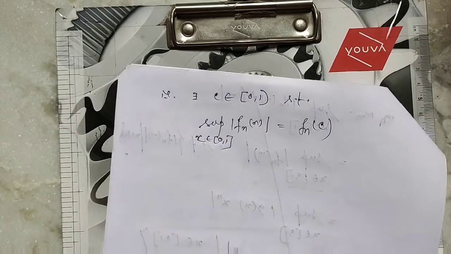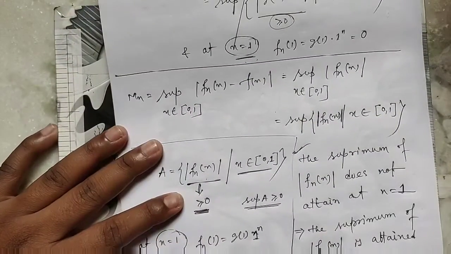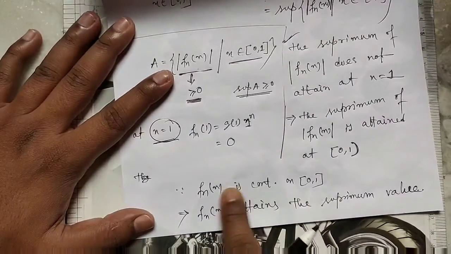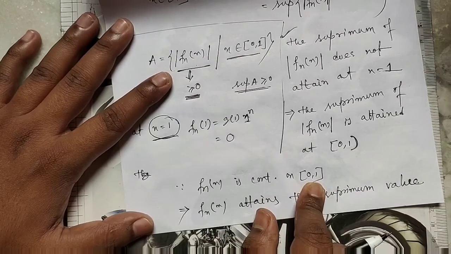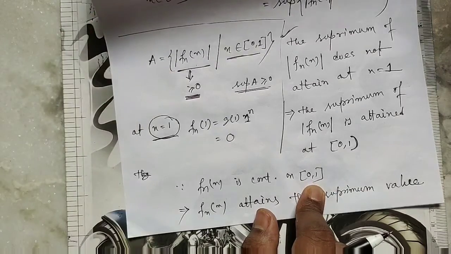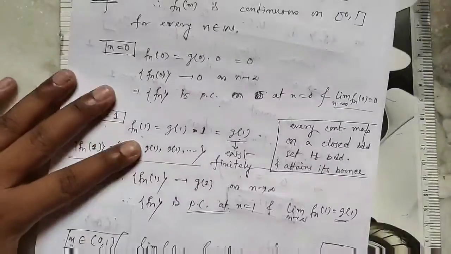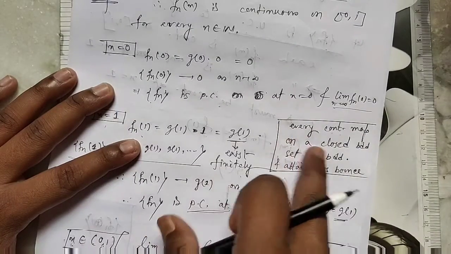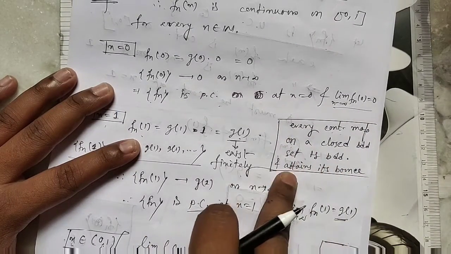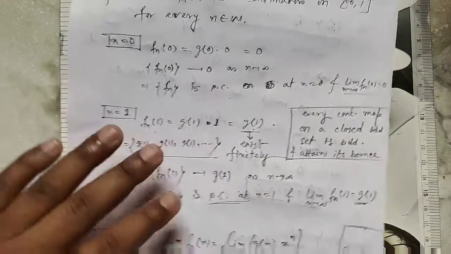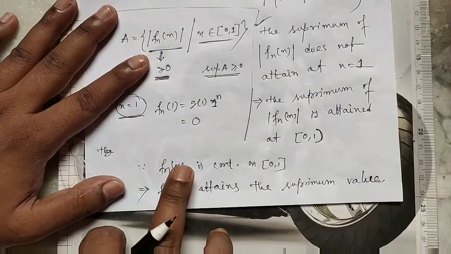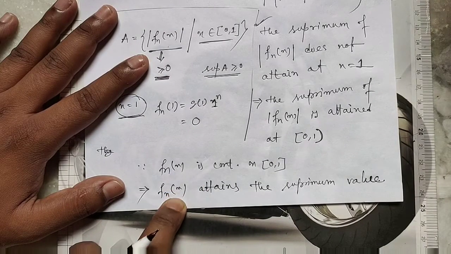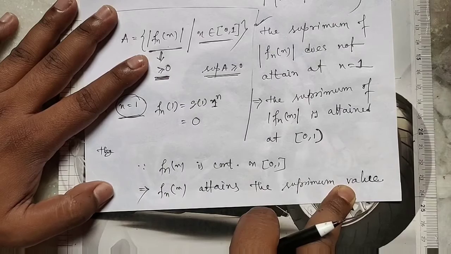Because fn x is continuous on a closed and bounded interval, we write a result: every continuous map on a closed bounded set is bounded and attains its bounds. So the function fn x attains the supremum value.